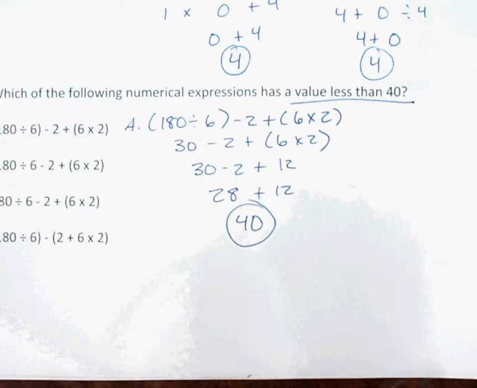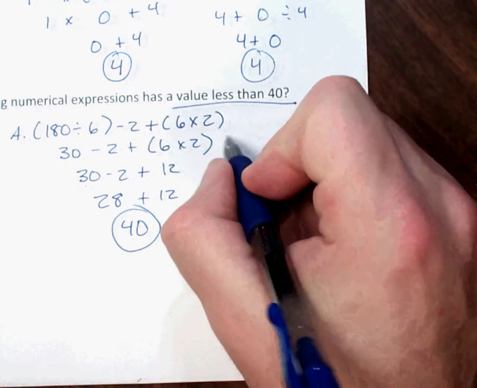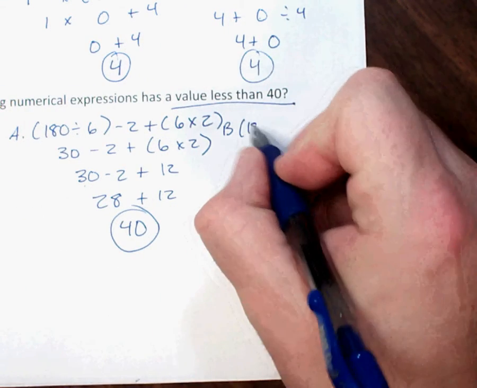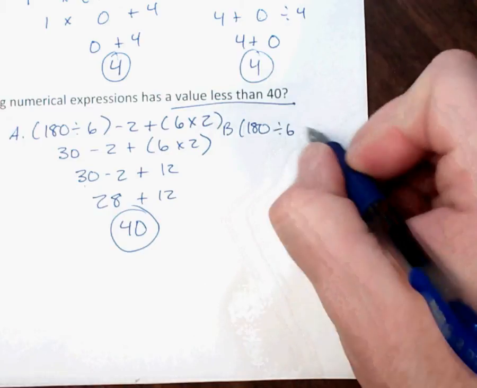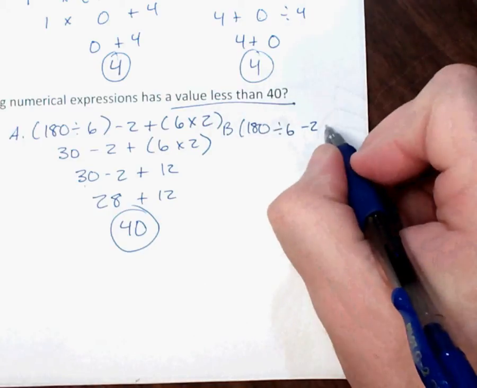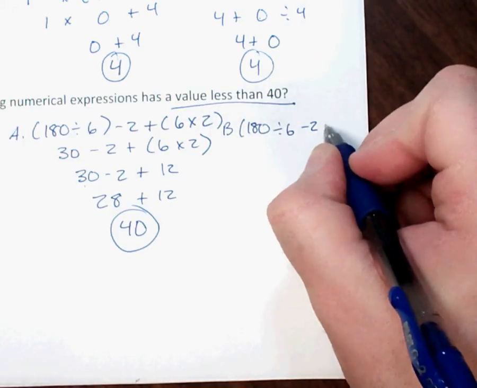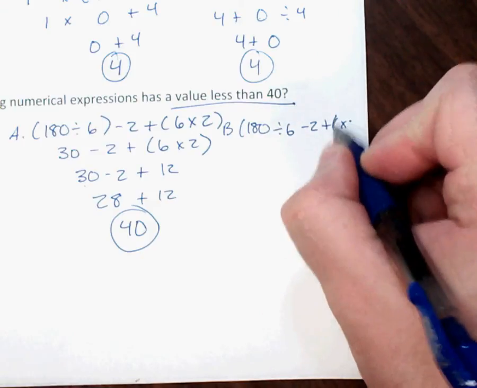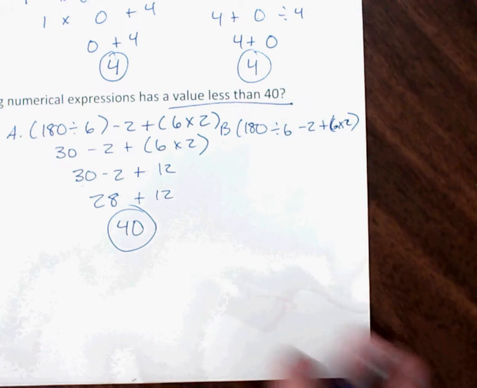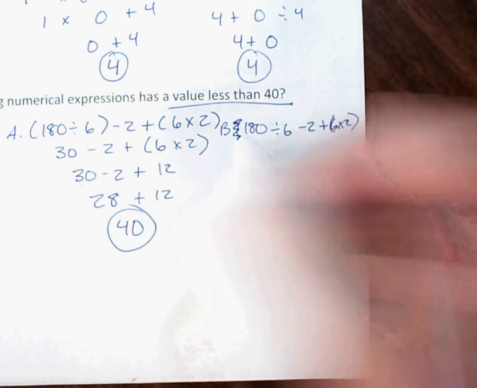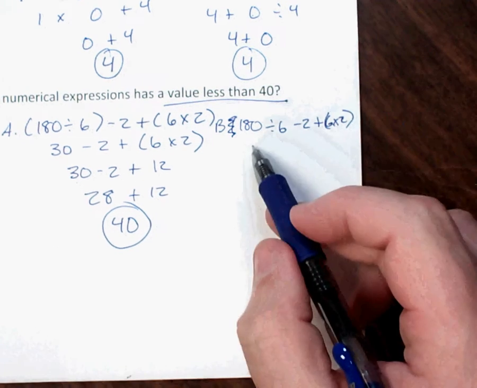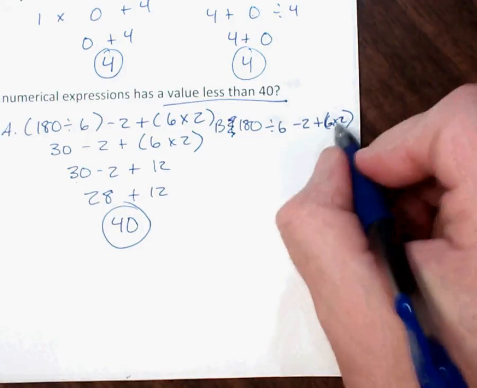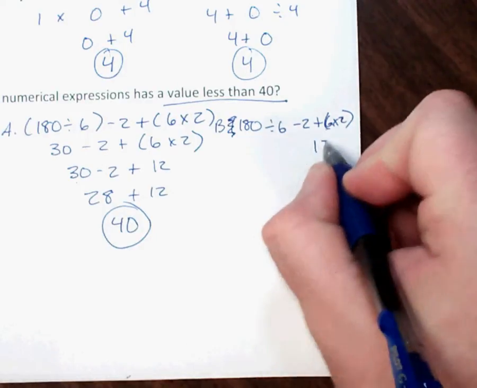All right, let's look at B. And B, I'm pretty sure, has a typo, because that first parentheses doesn't really belong anywhere. This doesn't really go with anything, so I don't even need it. Okay, got parentheses first, so we're going to do those first. So 6 times 2 is 12, and then I'm going to rewrite.